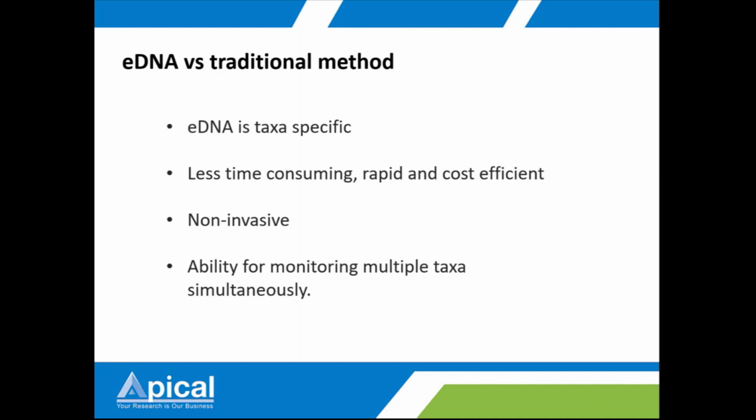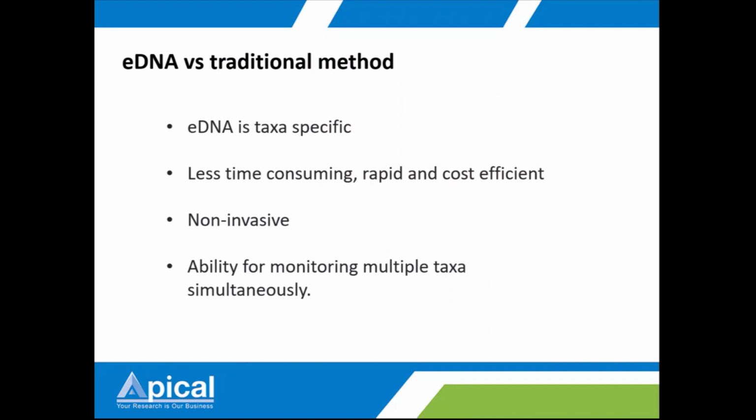So the traditional method is not easy. Using eDNA simplifies the process, because eDNA is taxa specific. It depends on the marker, the gene that you use. For example, if you want to study only fish in the ocean, where there are many organisms like crustaceans, fish, and jellyfish, you can use a specific gene marker like COI, which has been widely established for fish metabarcoding.